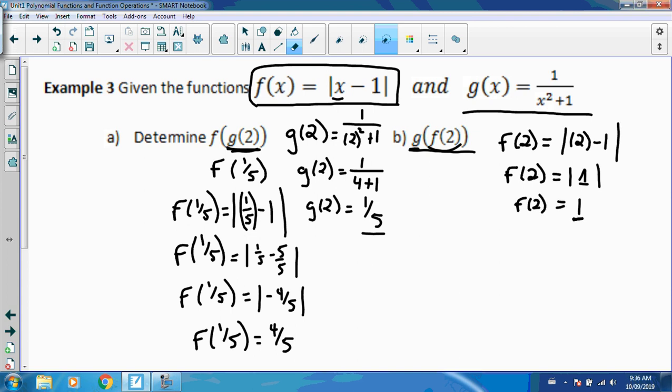So now I'm going to put this into the g function. So this is really asking for the g of 1, which is 1 over 1 squared plus 1, which is 1 over 2, or 1/2. So my answer here is 1/2.